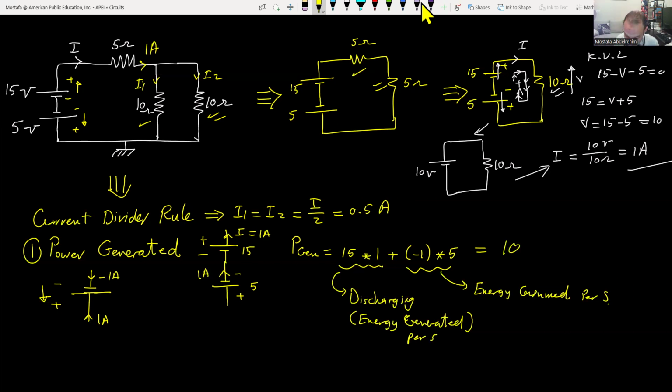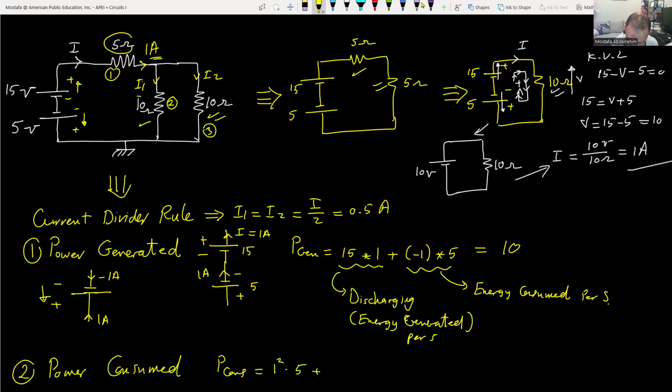Now number 2, calculate the power consumed. The power consumed, you have three resistors. The 5 ohm has 1 ampere, so I squared R, so 1 squared multiplied by 5.